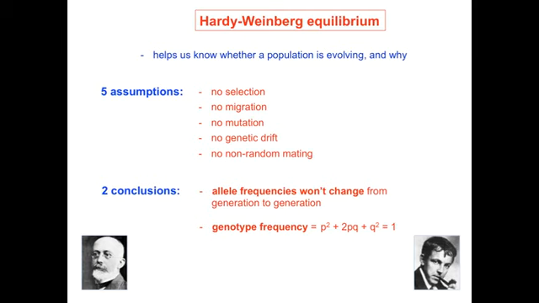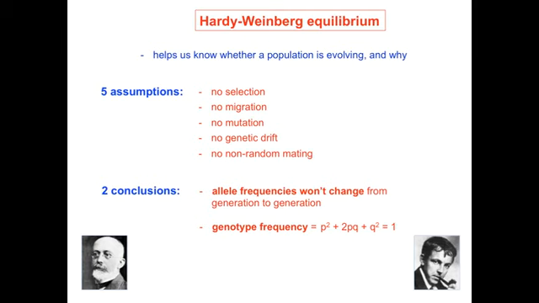Now the model has 5 assumptions: no selection, no migration, no mutation, no genetic drift, and no non-random mating, i.e. there is random mating. If all of these things are true, then the allele frequencies in a population won't change from generation to generation. In other words, if the allele frequencies don't change, then the population is not evolving.